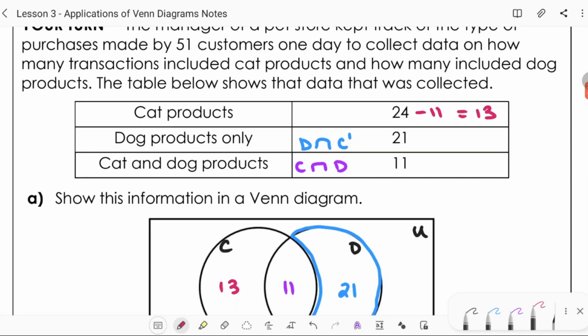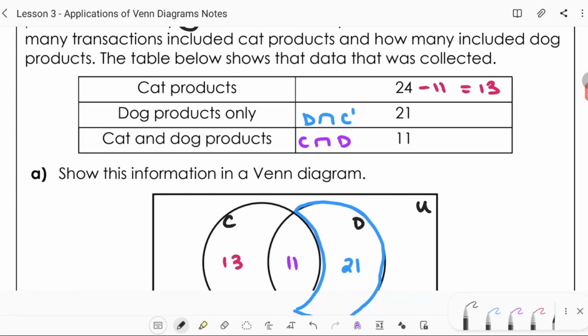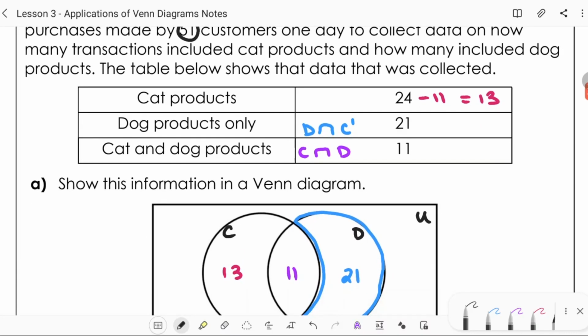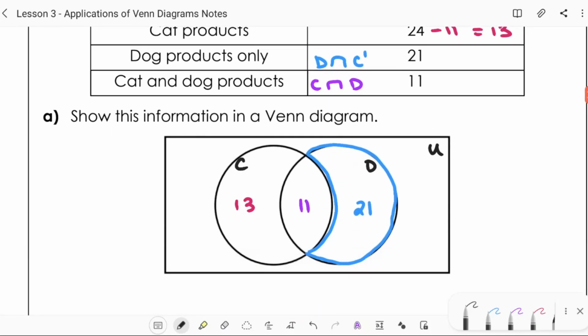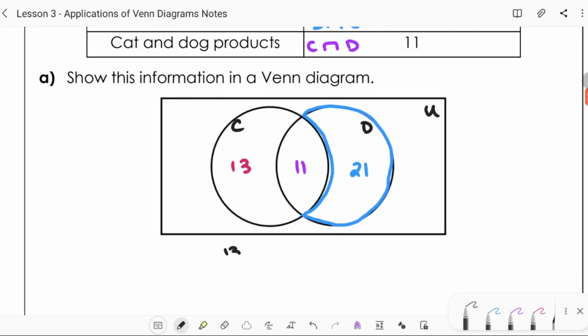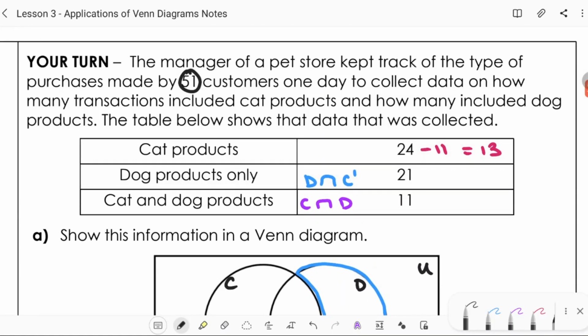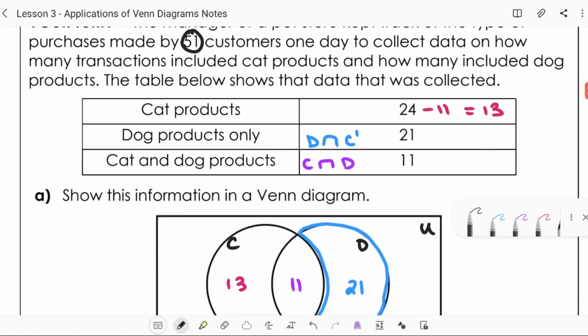And then at the end of the day, they tell us that there was 51 customers, because I want to make sure that I am really including everything. This table tells me some values, but maybe this wasn't every purchase made this day. And so let's check. 13 plus 11 plus 21 is going to be 45, which is not every purchase. There was 51 customers that made purchases.